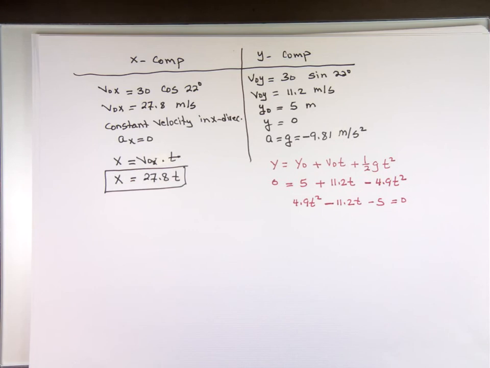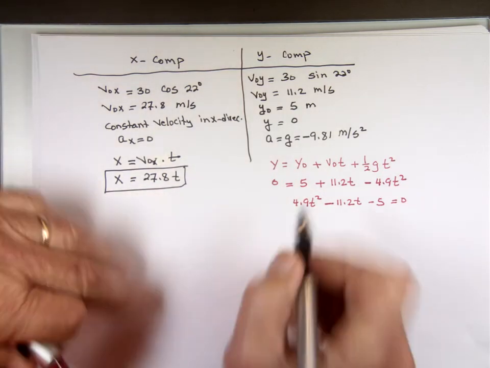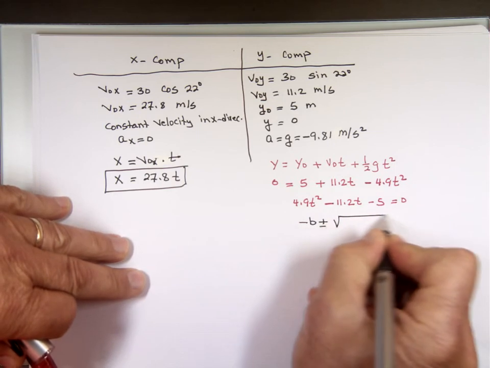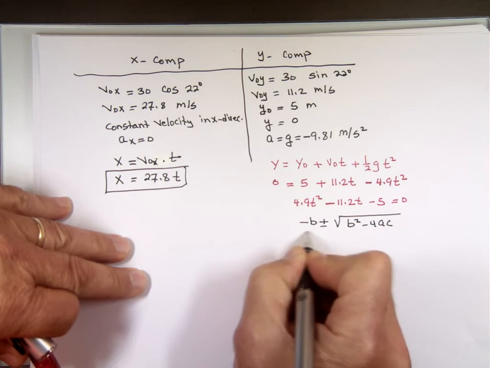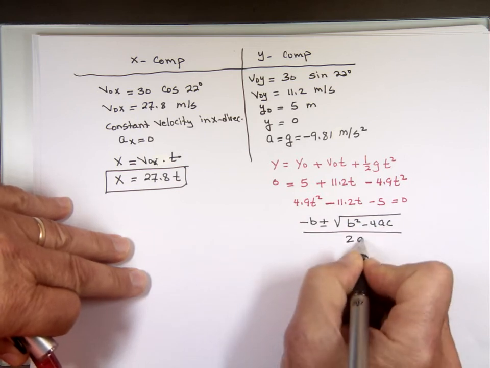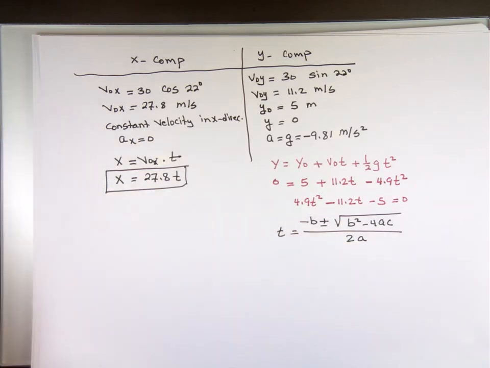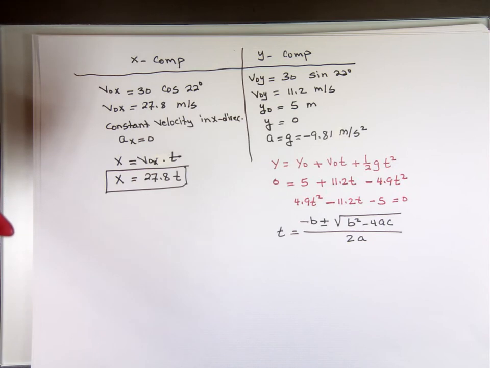Now, if you don't have a calculator that solves a quadratic equation, no big deal. Minus b plus or minus the square root of b squared minus 4ac, over 2a. If you can't remember that equation, I encourage you to get a tattoo with that one on it. I'm not a tattoo person, but if you want to get that equation as a tattoo, perfect.